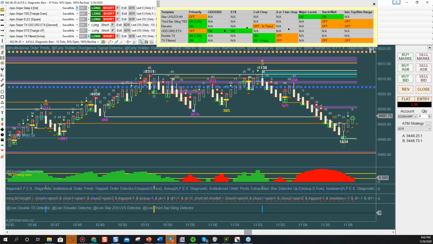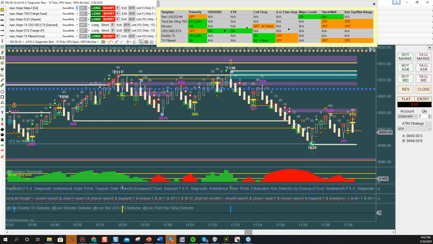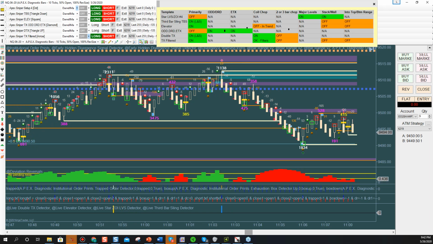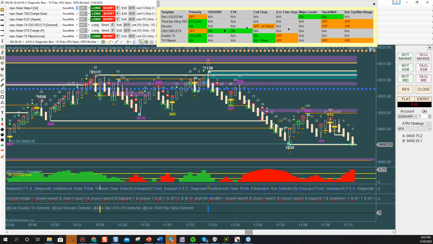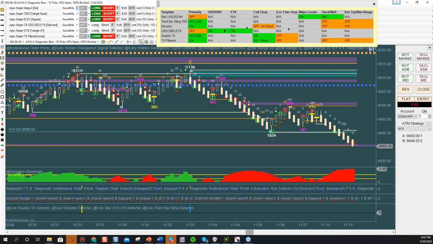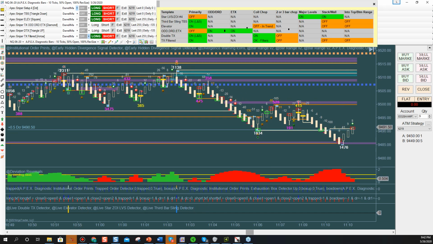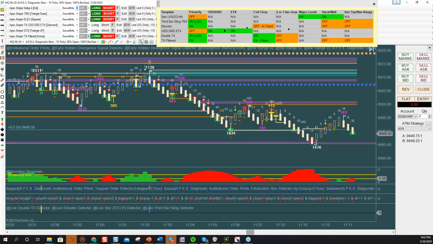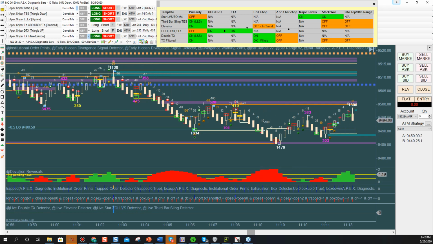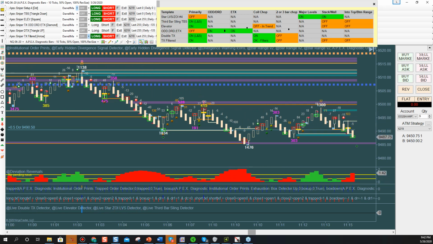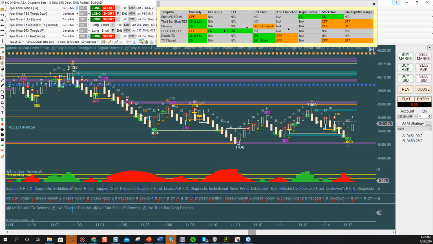Long, no divergence. Short trade. It was a nail biter, but it was profitable. No divergence.